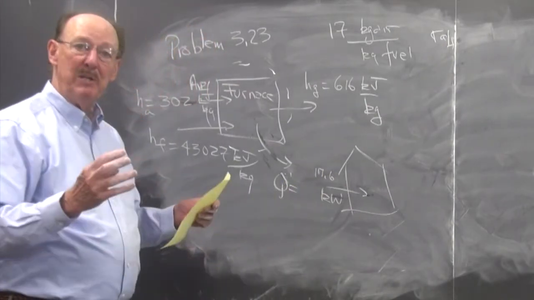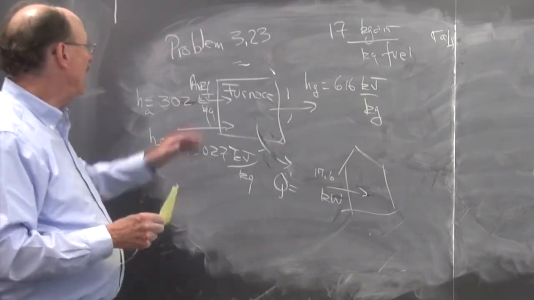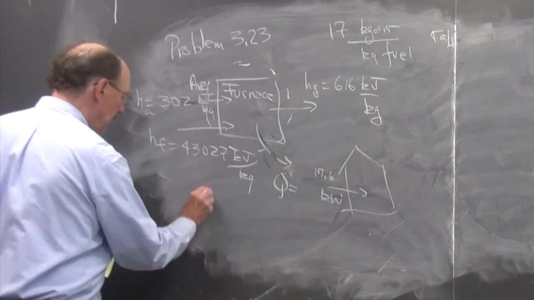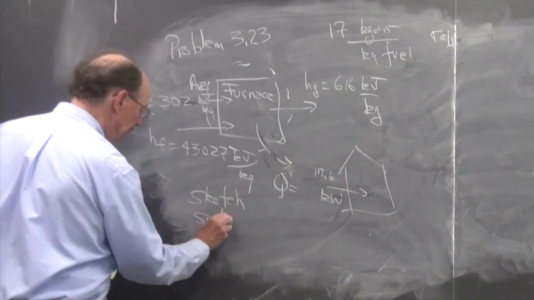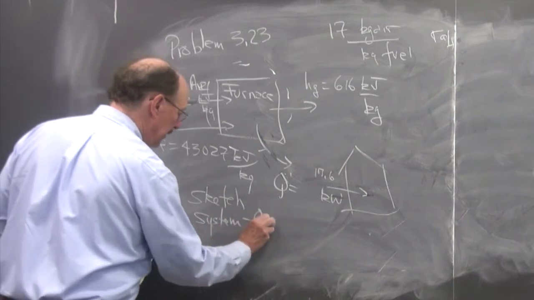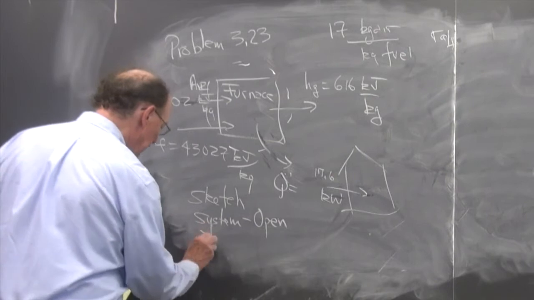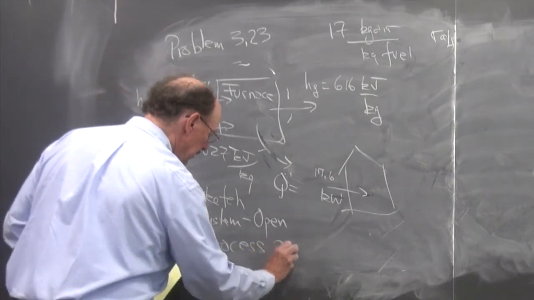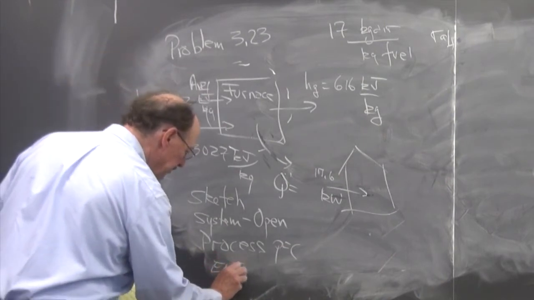So now what we've done is you've read the problem, and I translated it into a sketch. System is open. So it's an open system. Process, it didn't say, but it's P equals C. And energy, yes.